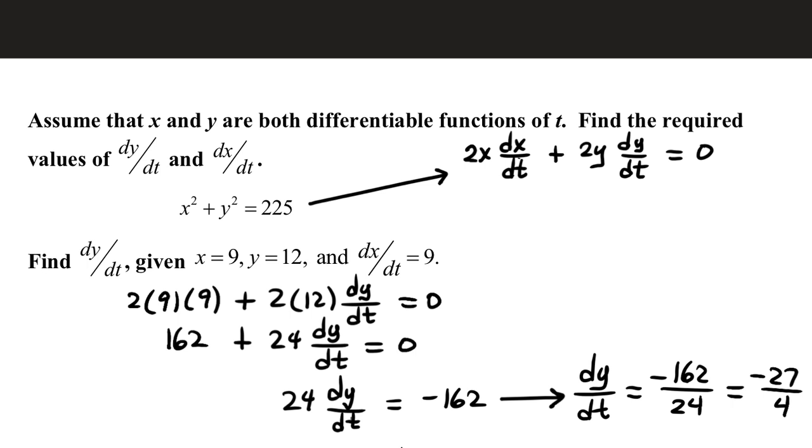Taking the derivative of x squared is 2x. Since the x direction can change over time, we have dx dt. Y squared has a derivative of 2y, and the y direction can also change over time. Derivative of 225, that's a constant, so its derivative is 0.